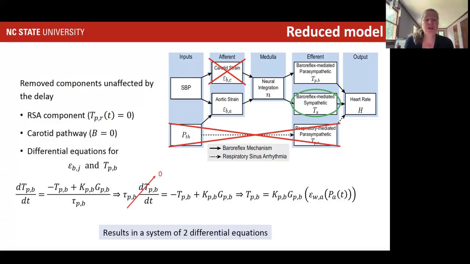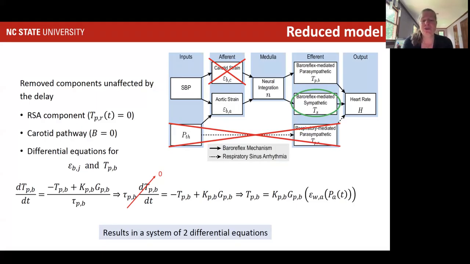So we looked at a much simpler two-compartment system, and I'm sorry I forgot to put a reference for this study. It was published, I think, a couple of years ago with my graduate student, Ben Randall. You'll see him acknowledged in the end.